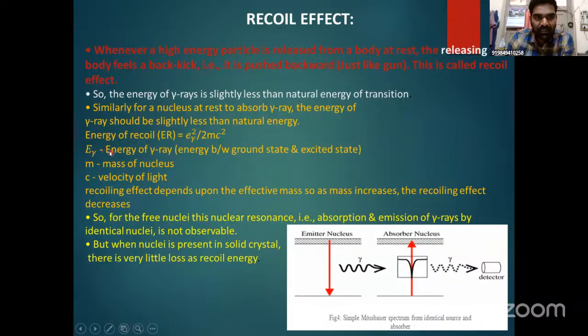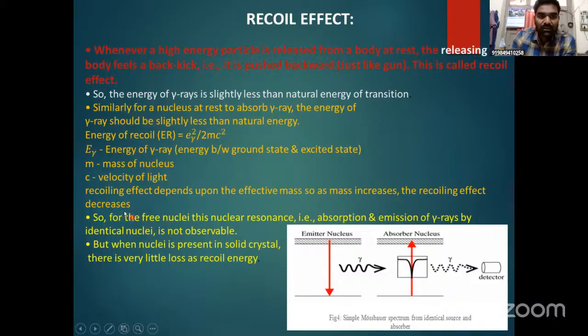Here E gamma is the energy of the gamma ray, the energy between the ground state and the excited state. Small m is the mass of the nucleus, and c is the velocity of light.